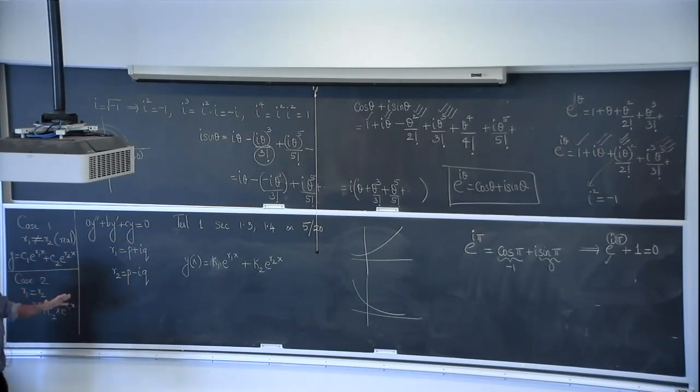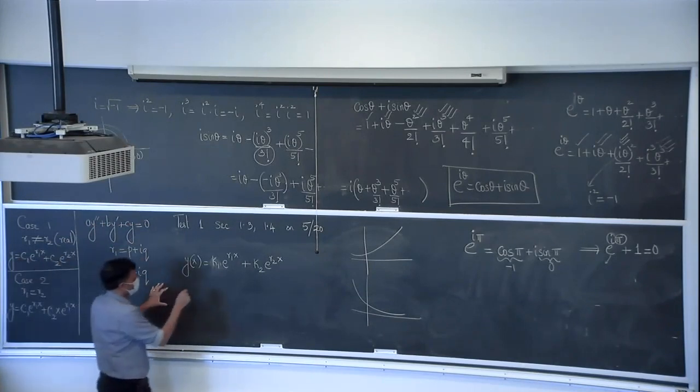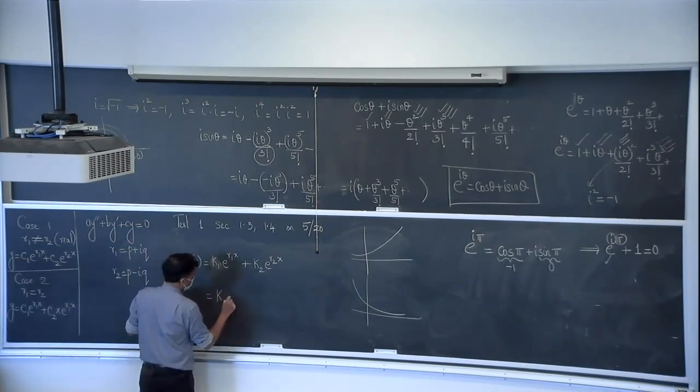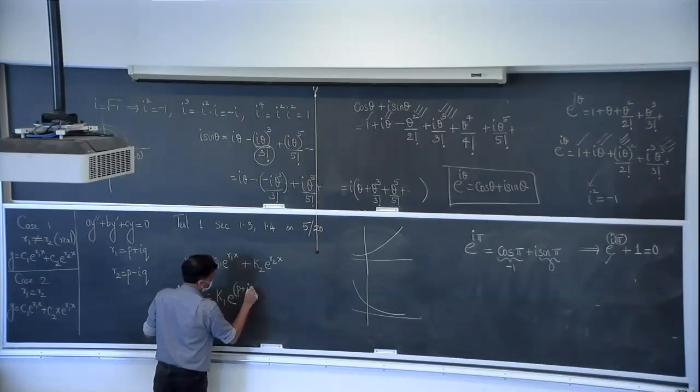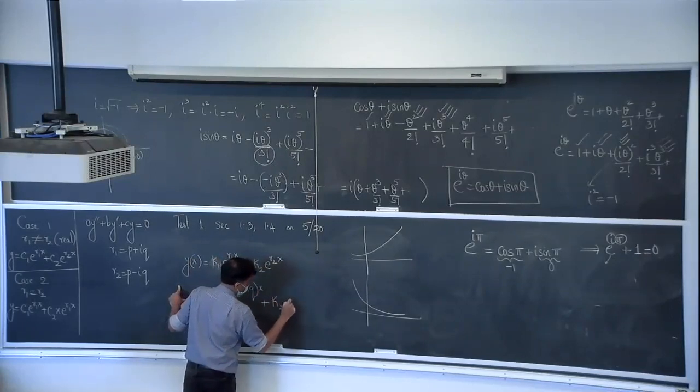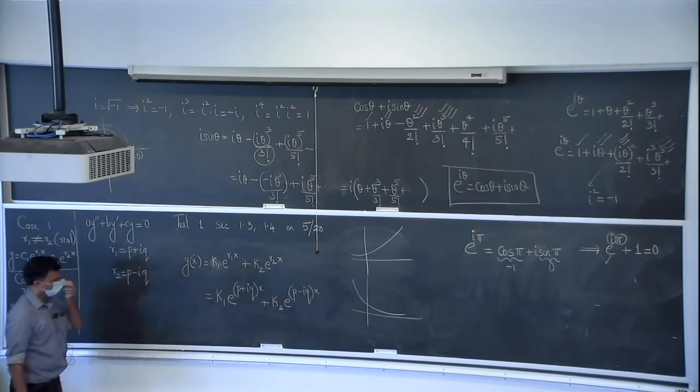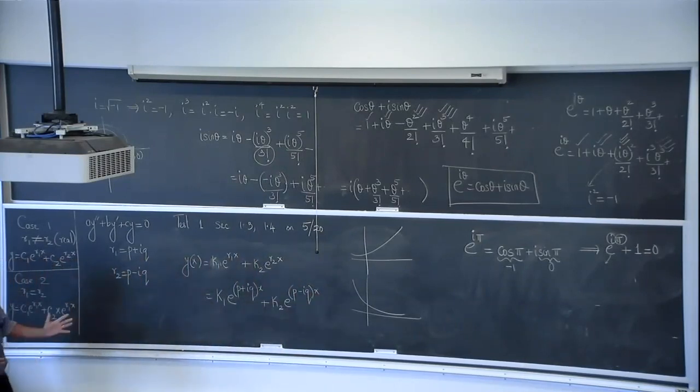That is what we're trying to achieve here. So we are halfway there. We need to clean it up. So this is going to be k1 times e to the power of r1x, which is p plus iq times x, plus k2 times e to the power of p minus iq times x. I'm doing this slowly so that you see how these things evolve.